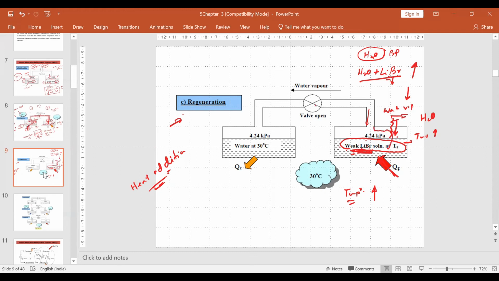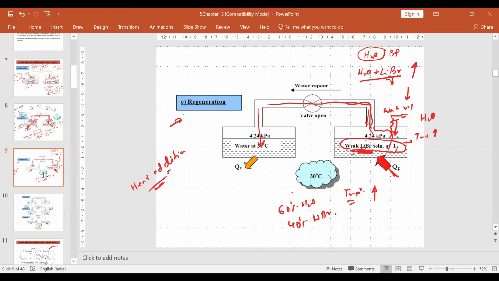Now this water vapor enters in this direction and goes there. If the water is separated from the weak solution, originally 60% water and 40% lithium bromide, as in our previous slide, now if we add heat, water is separated from the solution and goes there.